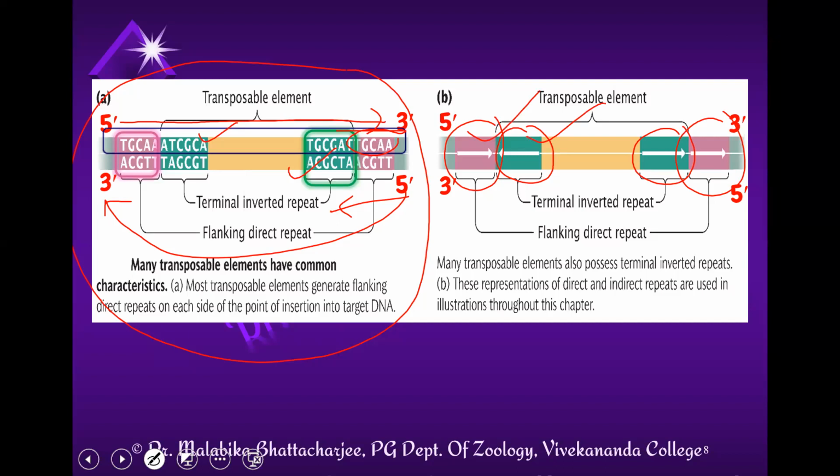Only some DNA sequences can jump, and those have some properties. One property is that at both ends, they are flanked by inverted terminal repeats and direct terminal repeats. That is the usual criterion of a transposon.